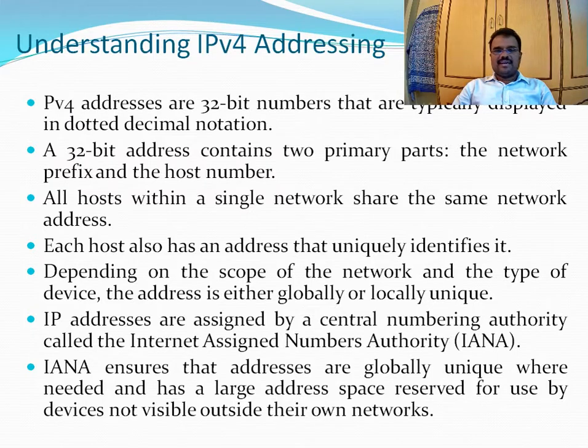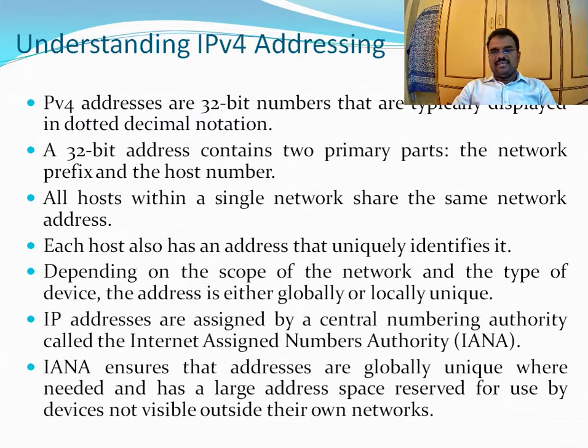IP addresses are assigned by a central numbering authority called the Internet Assigned Numbers Authority, IANA. IANA ensures that addresses are globally unique where needed, and has a large address space reserved for use by devices not visible outside their own networks.